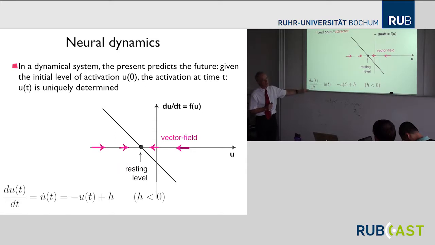This fixed point is stable, and by stable I mean that nearby solutions converge in time to the fixed point. Converge in time is mathematically defined: in infinite time, the difference becomes smaller than any bound. There's some kind of mathematical definition of that. From high school, you hopefully remember that.